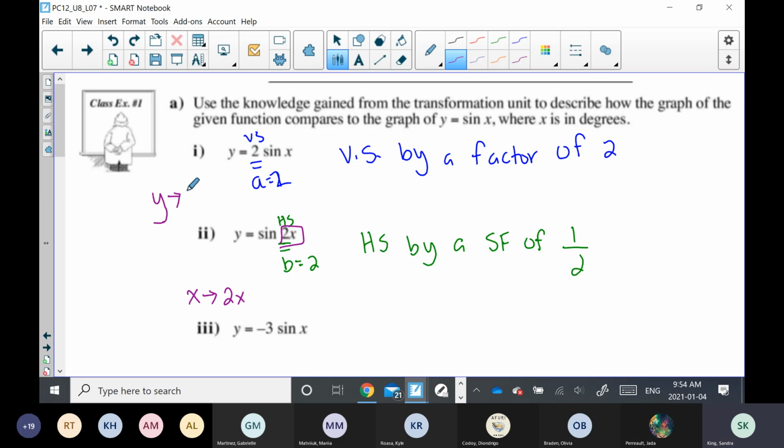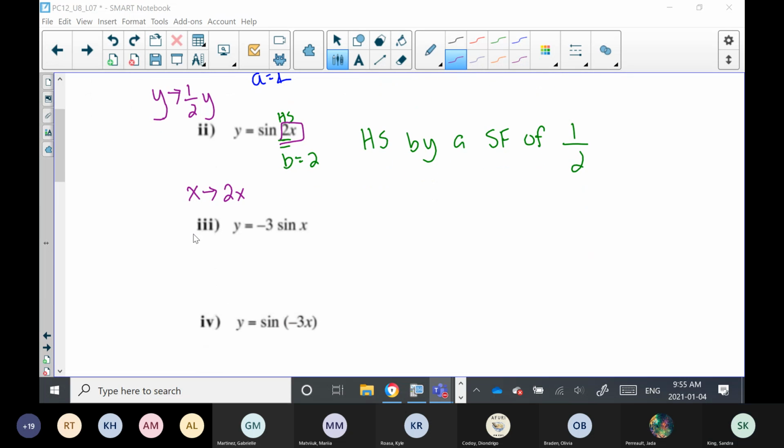It was y is replaced with 1/2 y. So that would be the replacement notation whenever you have an a value. Remember, it's like the opposite when we're doing replacement notation.